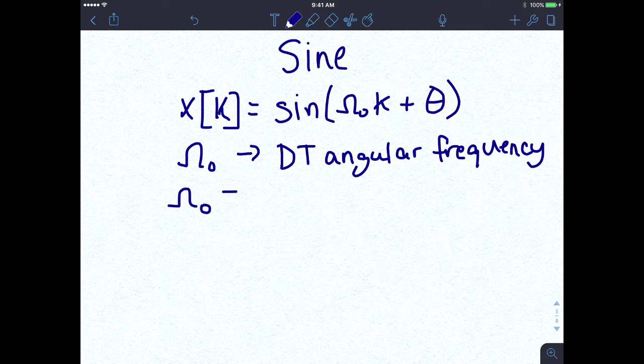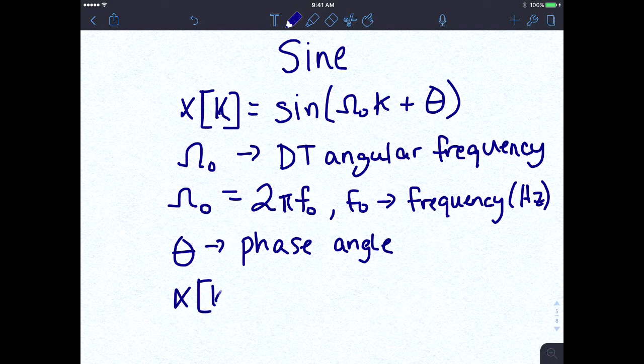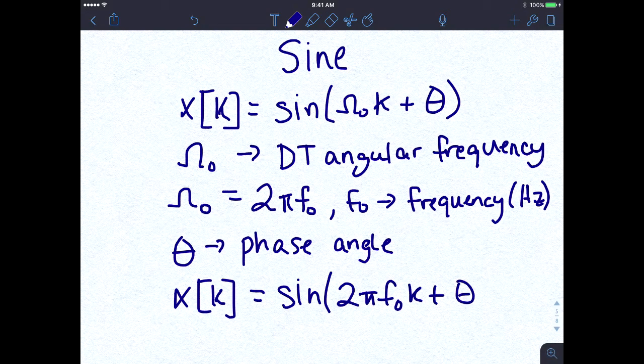And omega naught equals 2 pi f naught, where f naught is the frequency in hertz. And in this instance, theta is the phase angle. So x of k can also be written as sine of 2 pi f naught k plus theta.